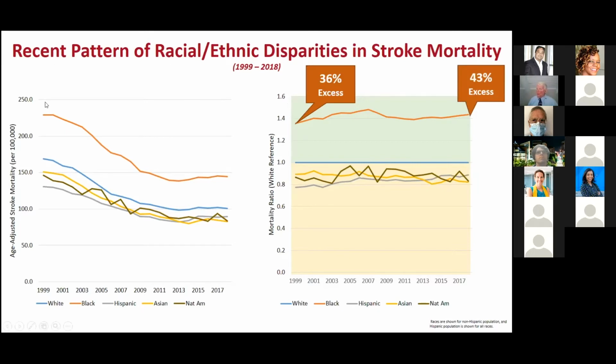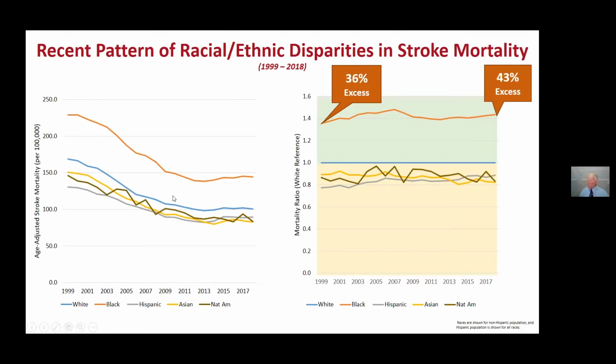And so while mortality is dropping in all race ethnic groups, actually the magnitude of the racial ethnic differences in stroke have increased from 36 to 43%. And so not only did we not eliminate it, but we moved in the wrong direction.